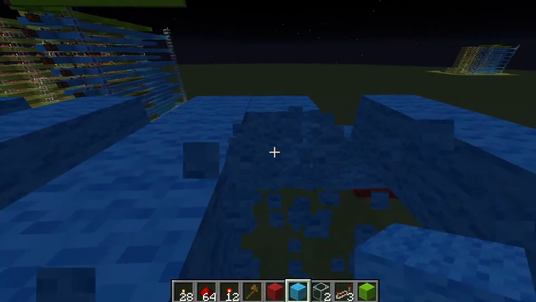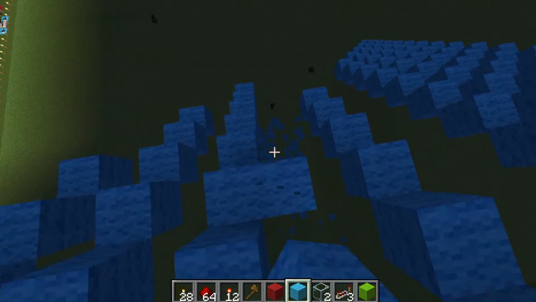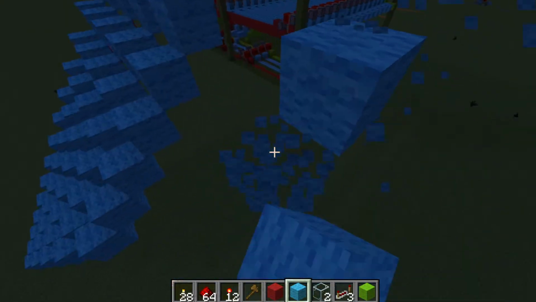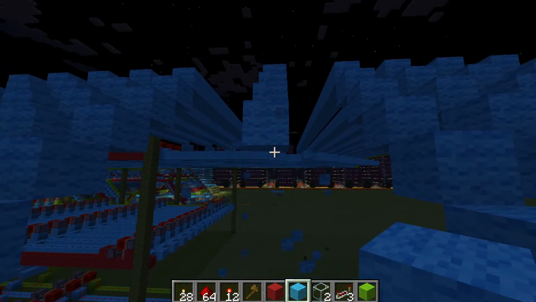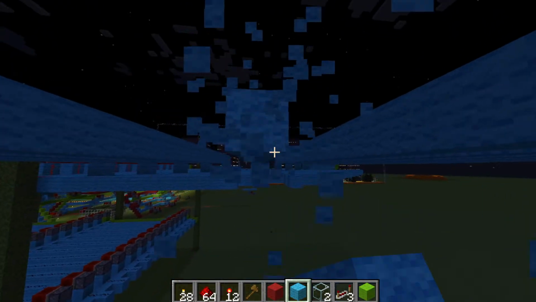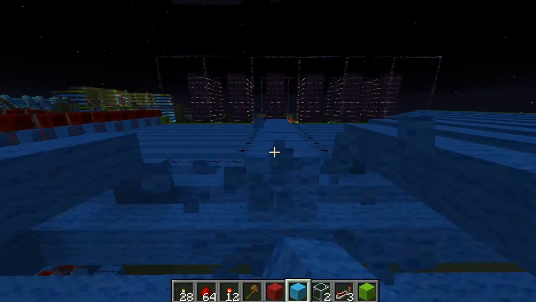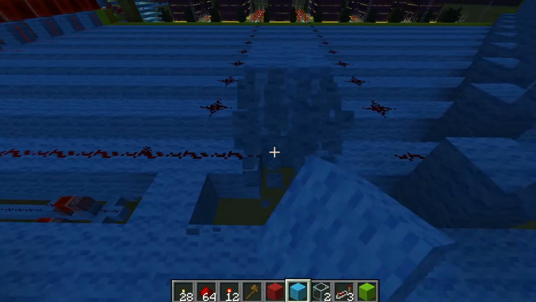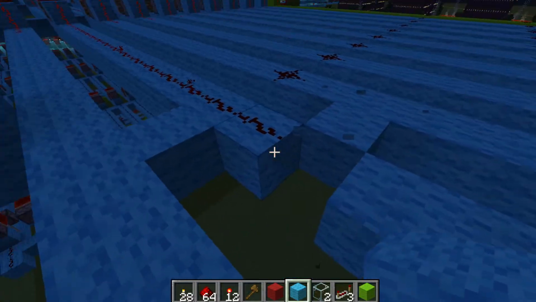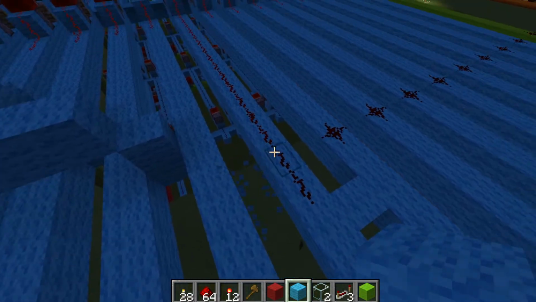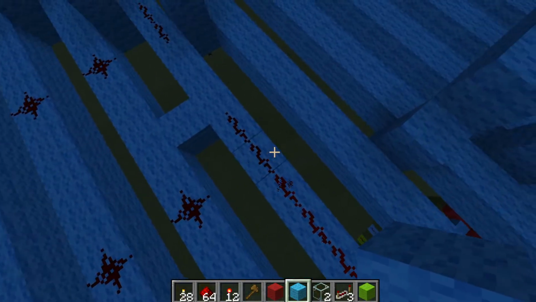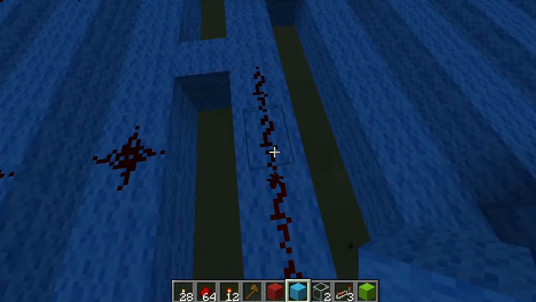Side should be shorter. Yes, that's the one that needs to go. That leaves enough room to put an instant repeater here.